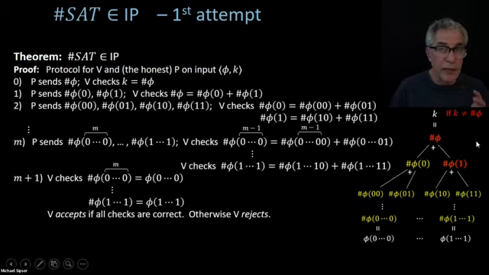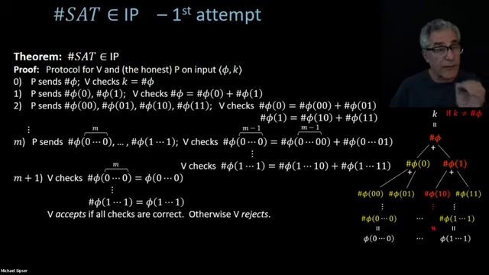So if this is a lie, that's going to force a lie at one side or the other, one level down, which is then going to force a lie to propagate down. A lie at every stage is going to force a lie, at least in one place or another, to propagate all the way down to the bottom. And then at the bottom, the verifier will see that the check doesn't work when it tries to connect it up with the formula itself, and the verifier will reject. So that's just a way of looking at this.